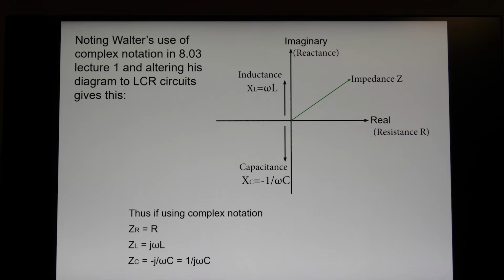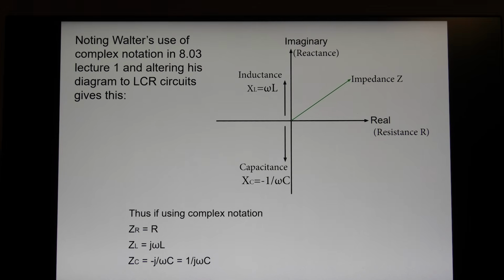Following on from Walter's 803 lecture 1, I just want to summarize the use of complex notation for a circuit like this. So if we apply what Walter was teaching roughly halfway through lecture 1 of 803, I can summarize it this way.